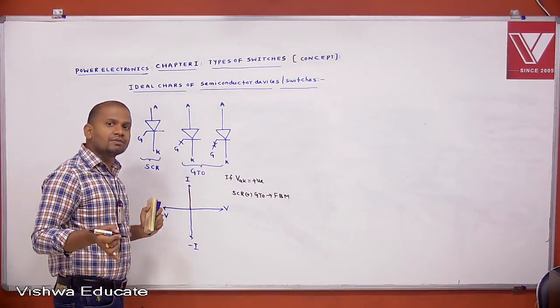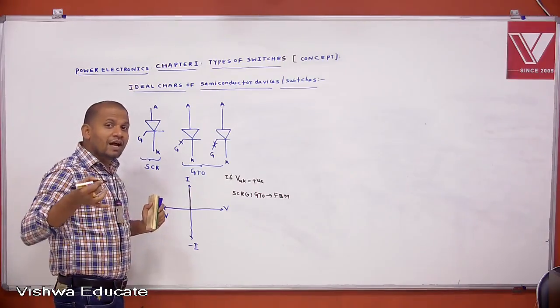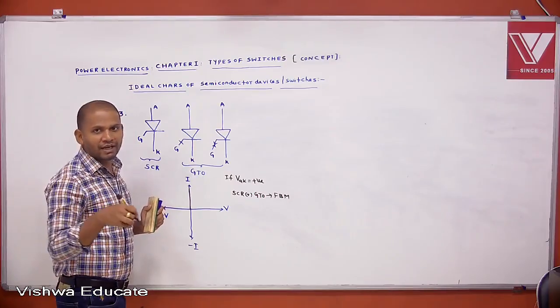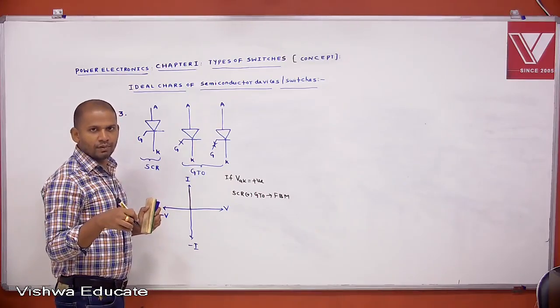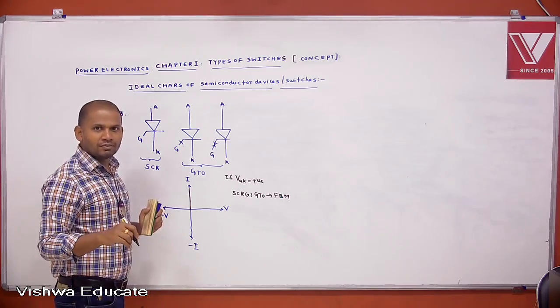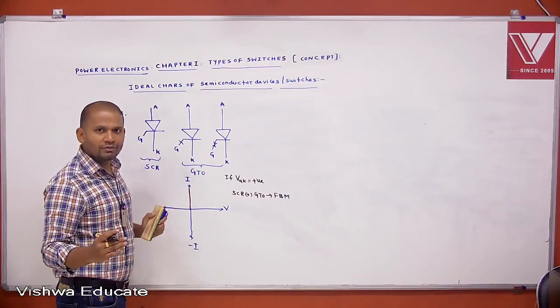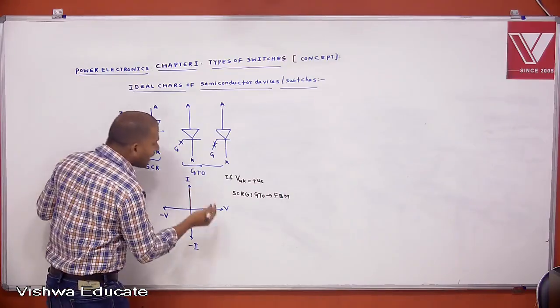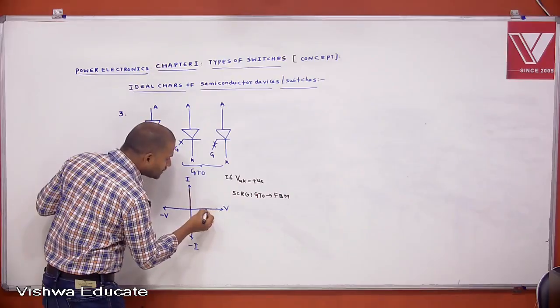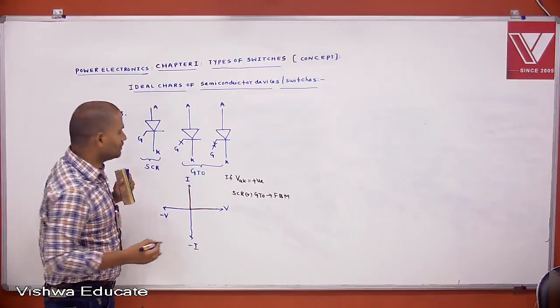Initially it is under forward blocking mode. It starts conduction only after giving the triggering pulse, the gate pulse. Until the gate pulse is given, it blocks the voltage. Which voltage? Forward voltage. It blocks the forward voltage.